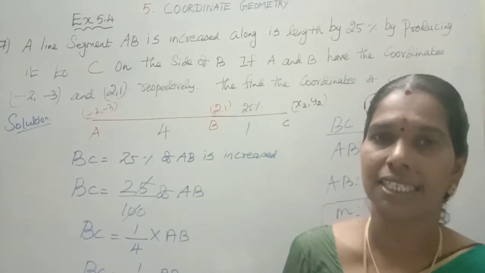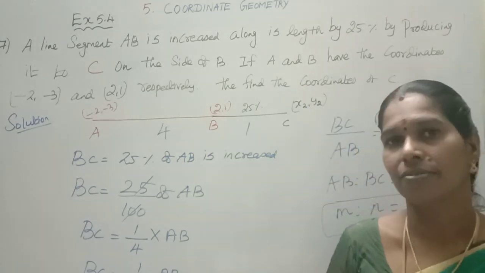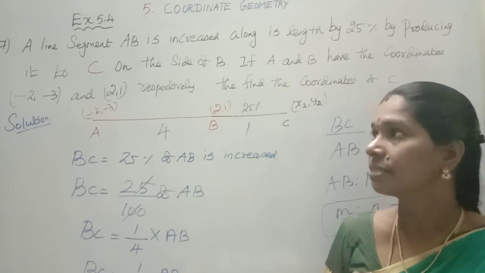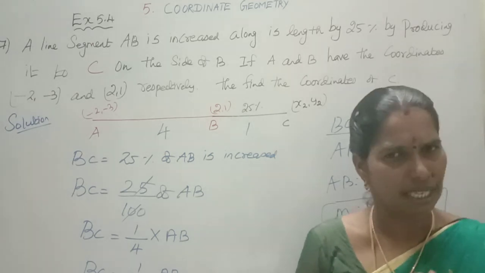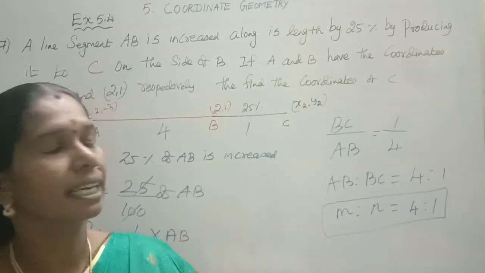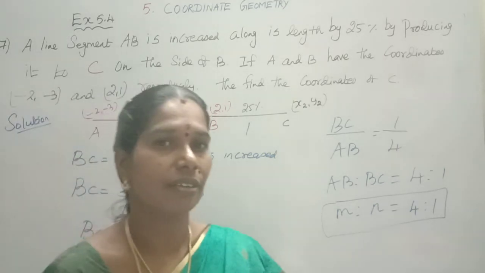Nothing else have we done here, only midpoint formula, section formula, and in only one sum I used the distance formula. So don't think this is a very tough exercise. It is a very easy exercise if you work out the sums clearly, at least 2 or 3 times.